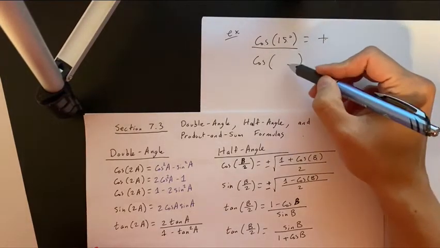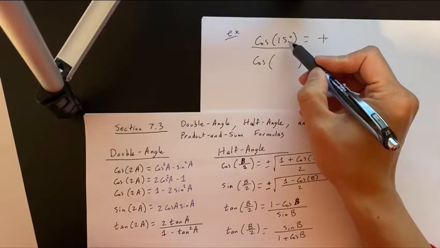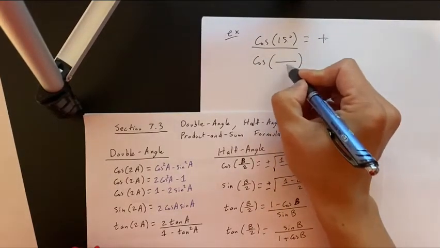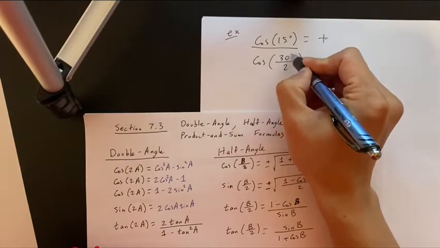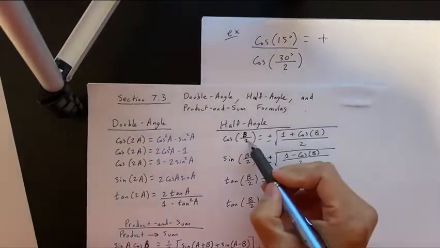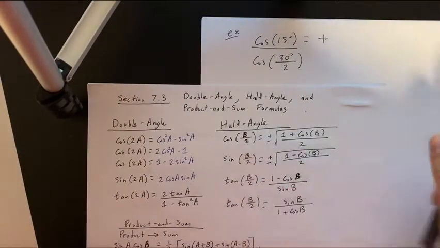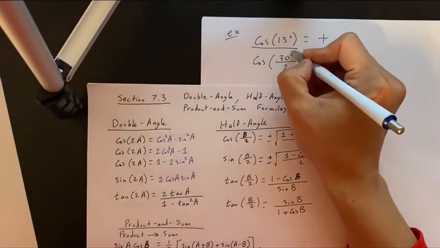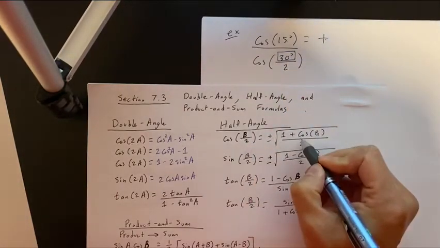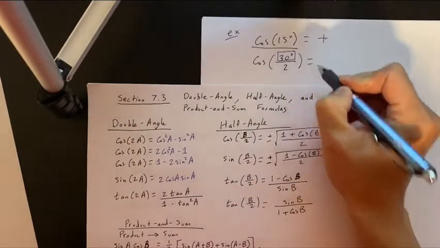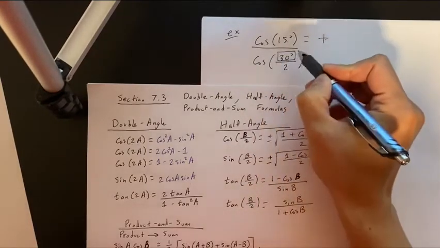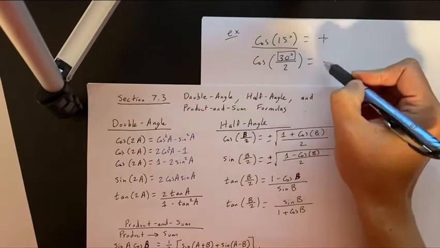Okay, so moving on to the next step, how do I rewrite this 15 degree as half of something? 15 degree is half of 30 degree. So now we've identified our B. Our B is 30. Okay, so now we just have to follow along the formula. So cosine of B over 2, cosine of 30 over 2 is equal to.